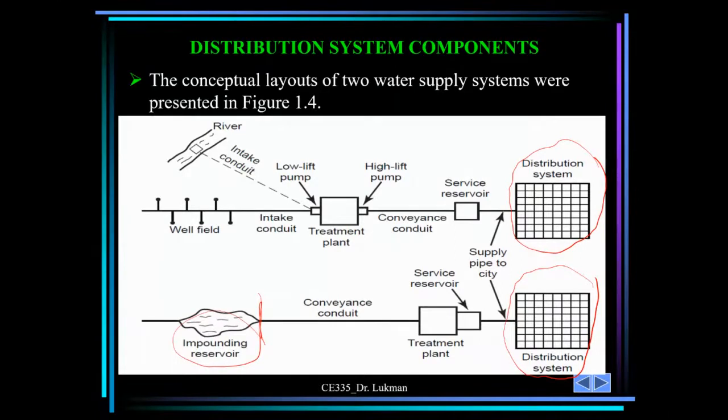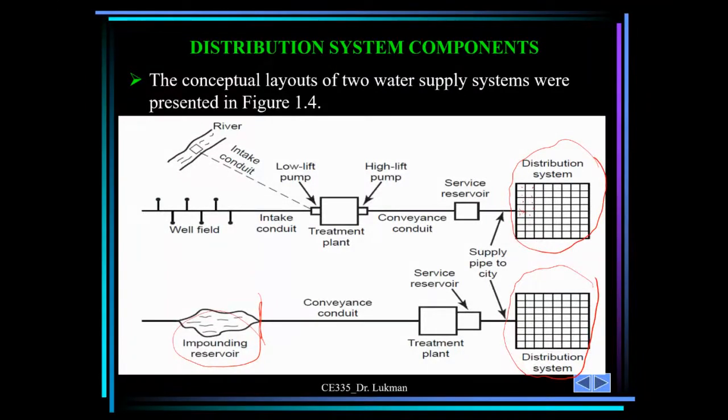You can imagine the distribution network here to be like the city, okay? All these are pipes passing across the roads, in front of buildings and houses. You can imagine all these grids to consist of houses where they can tap from the pipes passing across, okay?